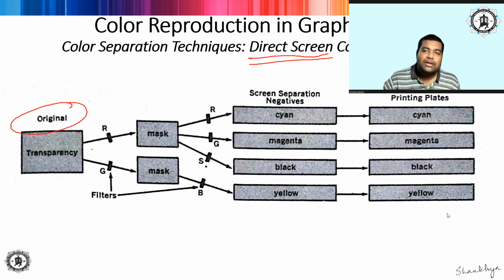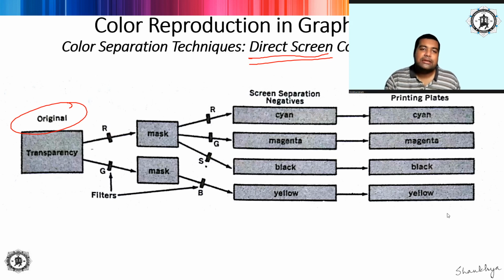As we have already seen in the previous lectures, we will mostly use two masks for most purposes, but if special masks are required, then we can use some other masks also. Here you can see that we are using basically two masks. One mask is prepared using the red filter. This will be used for correcting the green filter separation, and the other mask is prepared using the green filter, which will be used for correcting the blue filter separation.